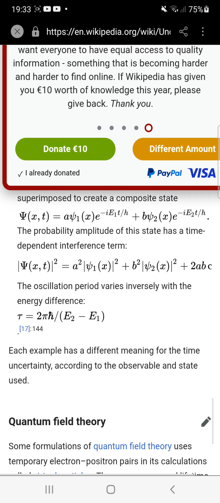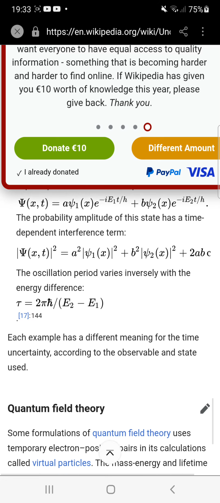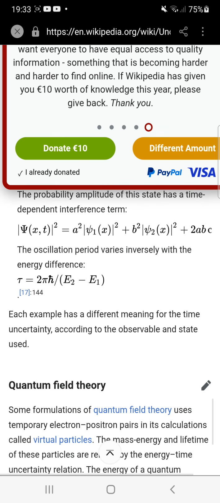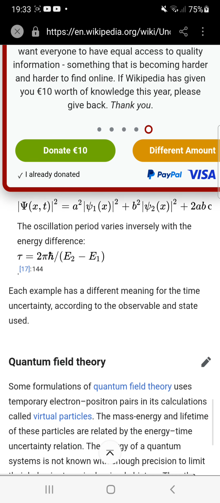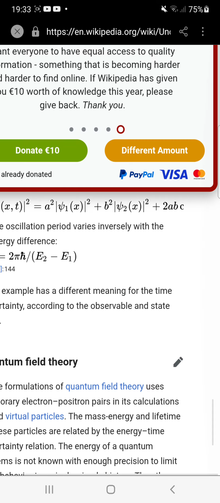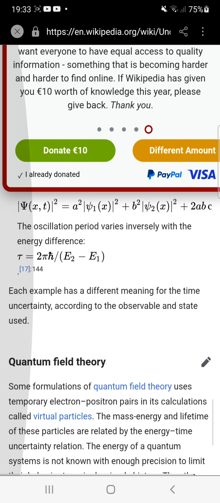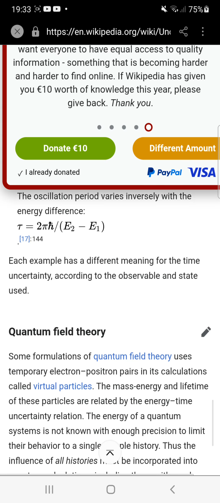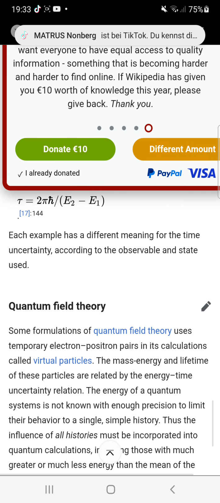The probability density of a state has a time-dependent interference term: the absolute value of phi of x, t squared equals a squared psi 1 of x squared plus b squared psi 2 of x squared plus 2ab psi 1 psi 2 times a cosine term. The oscillation period varies inversely with the energy difference: T equals 2 pi h bar divided by E2 minus E1.